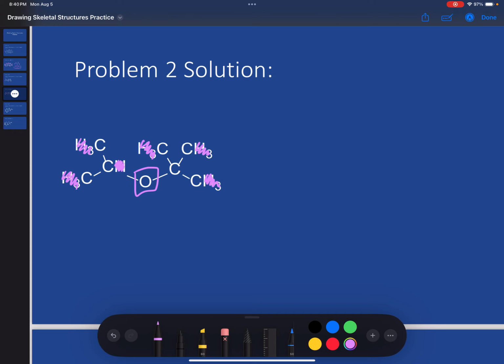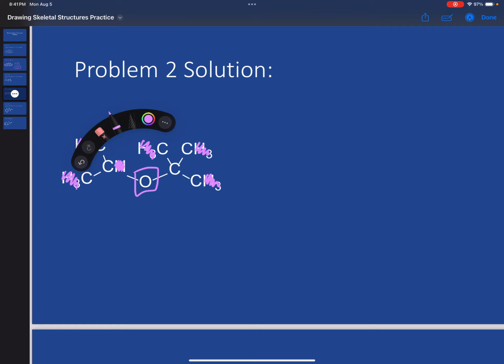Carbons and hydrogens are the only elements that we do not write out. Anytime you have hydrogen, we're not going to draw it. Anytime you have a carbon, we are not going to draw a C anywhere. But all other atoms, yes, we're going to put an O for oxygen, we're going to put N's for nitrogens, and so on and so forth.